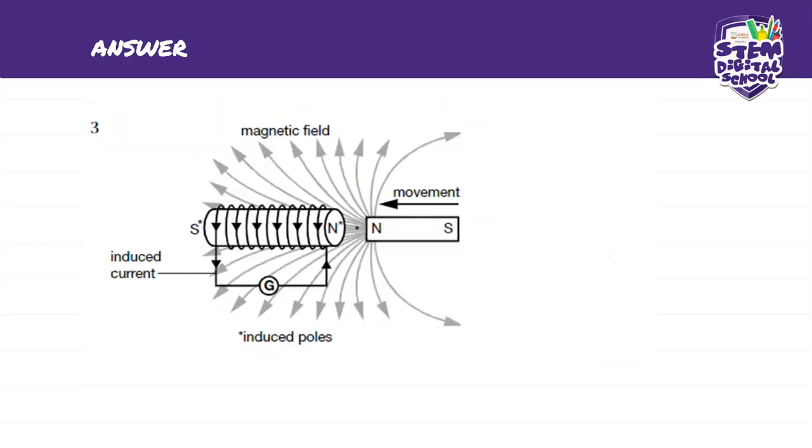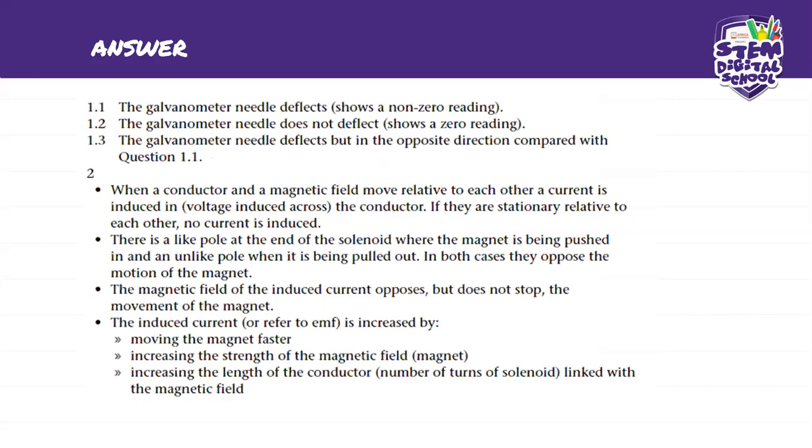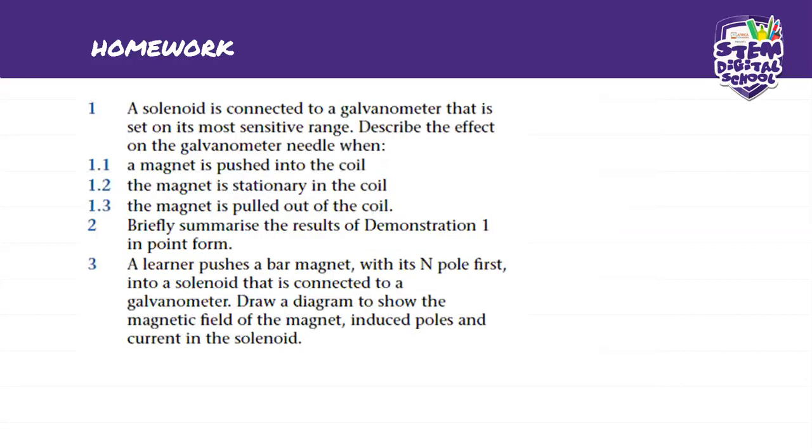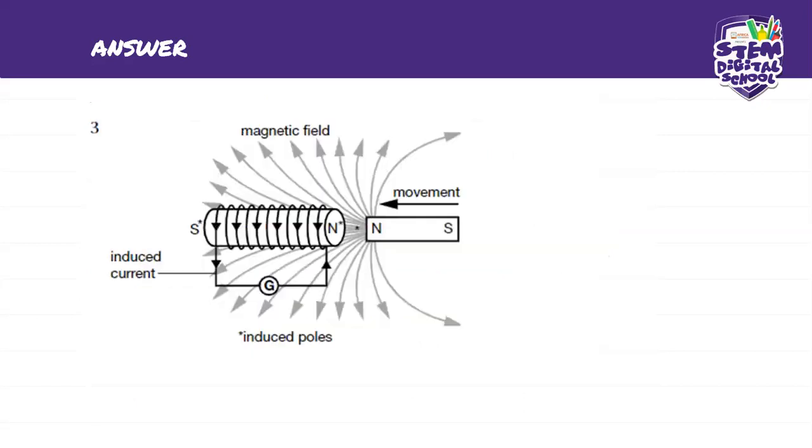This is how it would look. Draw the diagram to show the magnetic field of the magnet that is being pushed into the coil, the induced poles, and the current in the solenoid.